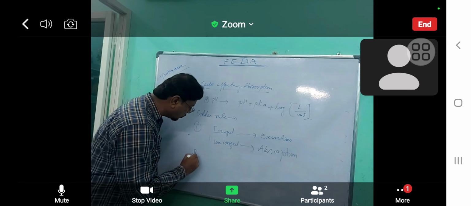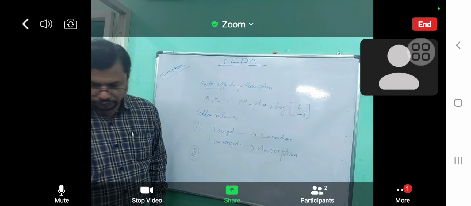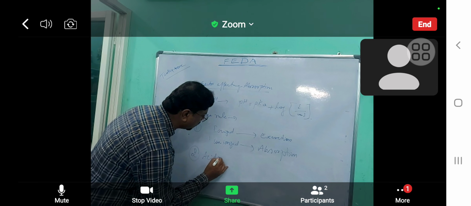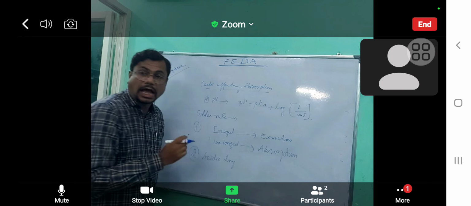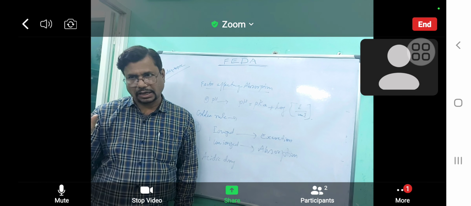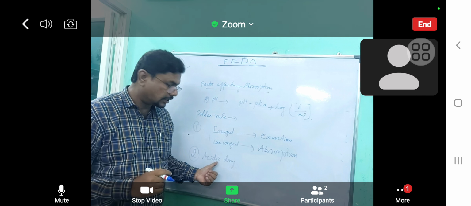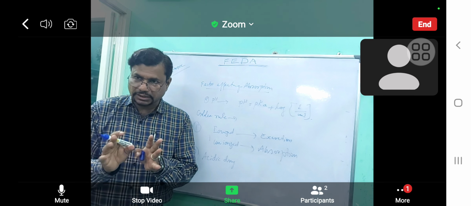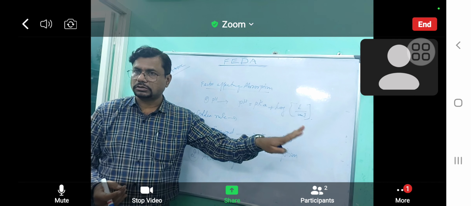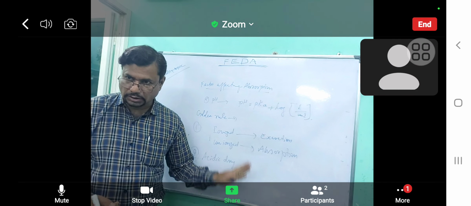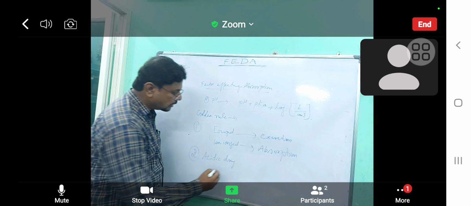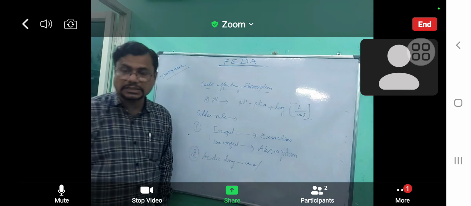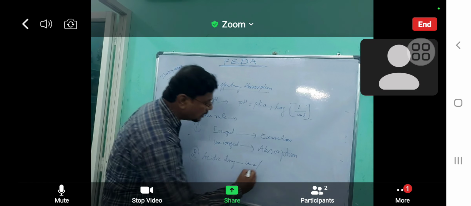The second golden rule is where we have to give more attention. If it is an acidic drug, here acidic means a weak acid or weak base. The drug should be in a weak form, it should not be strong. If it is a strong acid or strong base, it goes directly to excretion. So if the drug is acidic and unionized, then absorption.